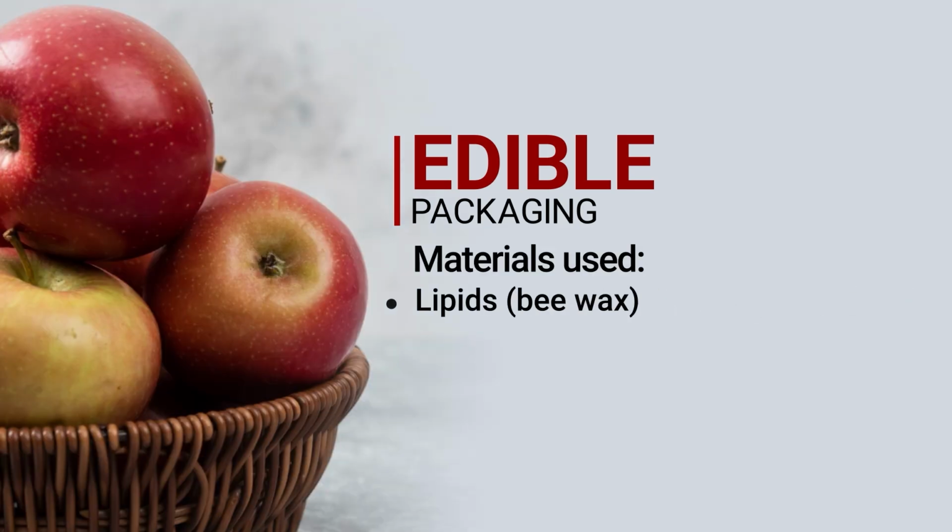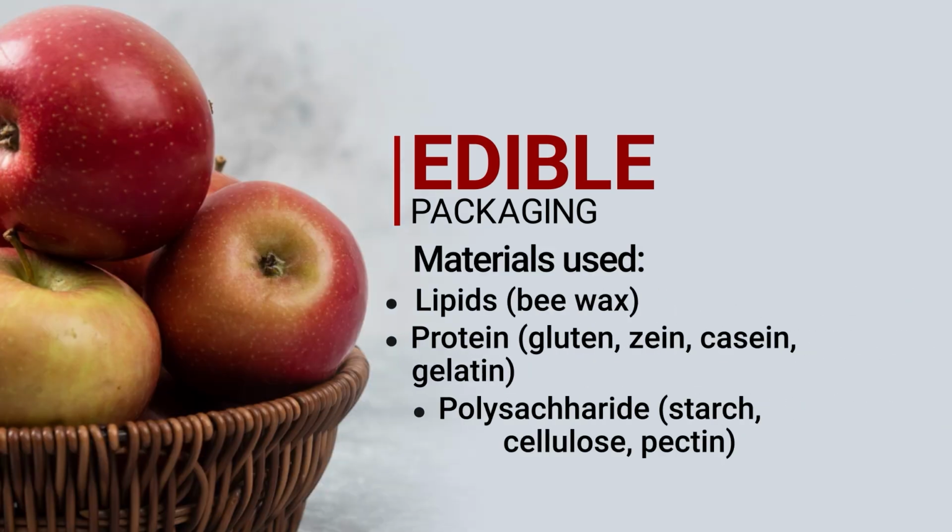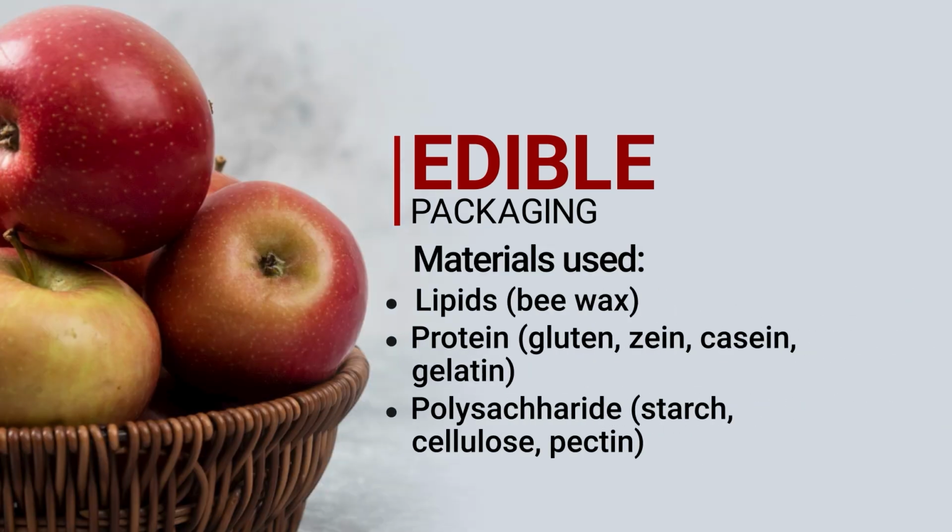The materials that can be used for preparation of edible packaging are lipids, proteins or polysaccharides. Lipids, for example, you can use beeswax. For protein, we can get gluten from wheat, zein from corn, casein from milk, gelatin from animal source. We can use starch, cellulose or pectin as polysaccharide sources for making this kind of edible packaging.